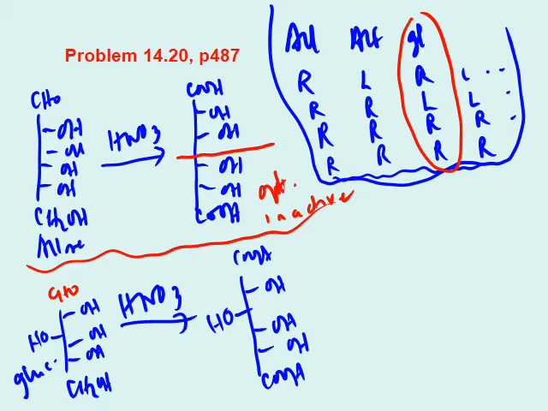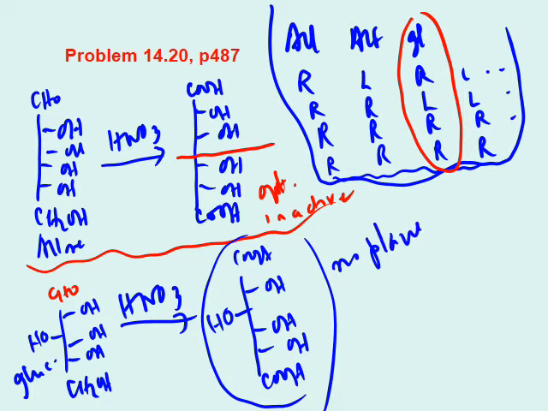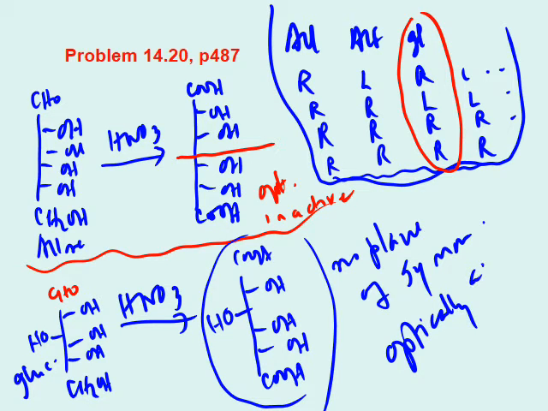Answer is no. No matter how you think about a plane, it's not going to split the molecule into two identical halves. So that's why there is no plane of symmetry, so that's why it's optically active.